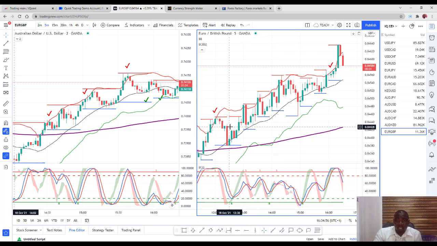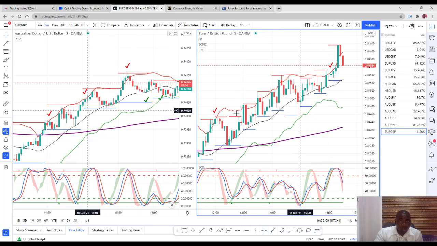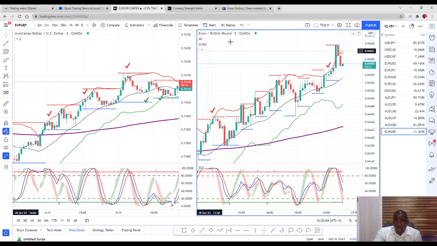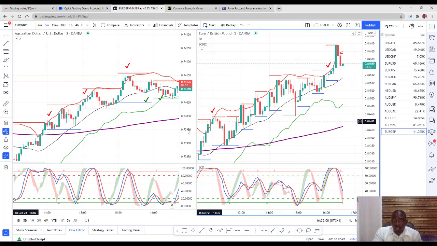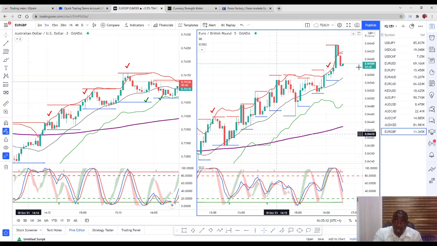Yes, of course, it is buying. As you can see, this is Euro GBP and it's buying. Based on the trend, you can see that it's an uptrend, meaning it's buying.